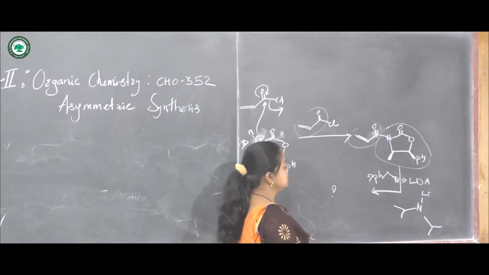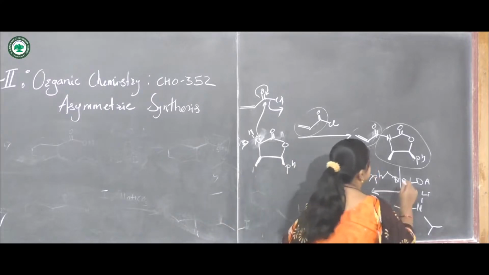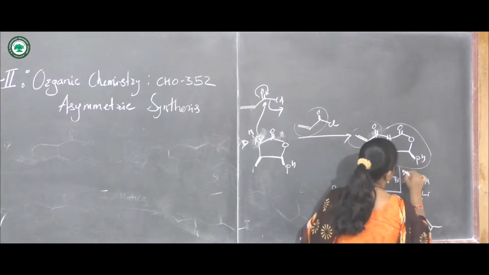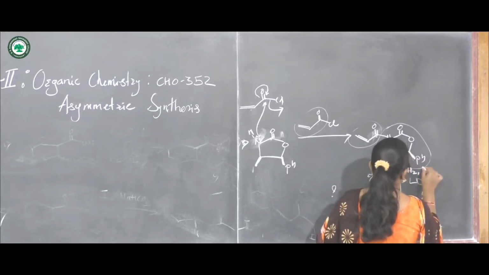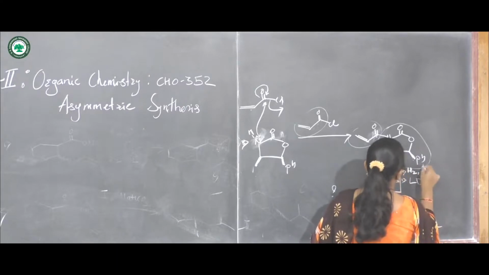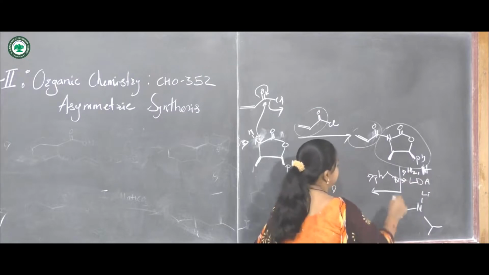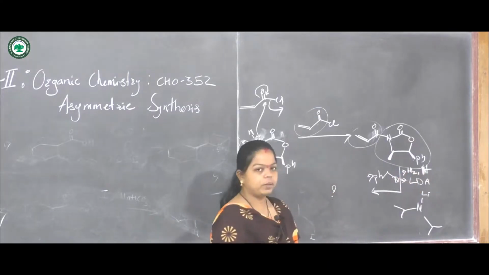Now this base is found to react with this double bond. This is the second reagent. The first reagent is H2 in the presence of a metal.